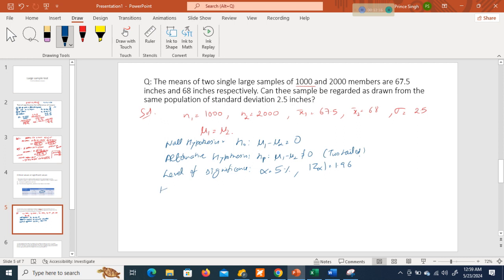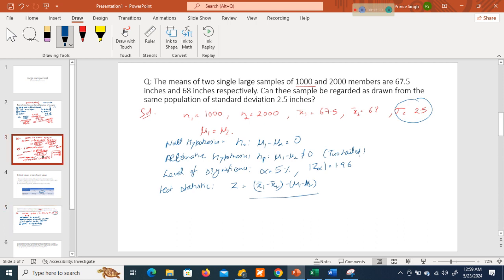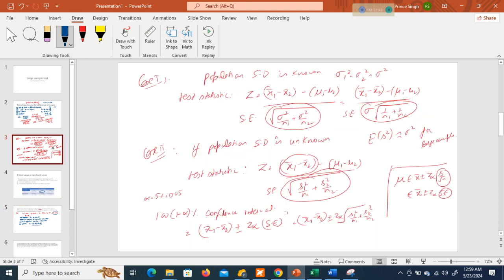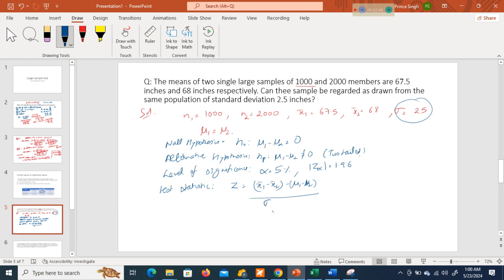The next step is to calculate the test statistic. What is the value of Z? It is x1 bar minus x2 bar minus (mu1 minus mu2) upon the standard error. In this case the population standard deviation is known, so we use the first formula, and our standard error will be sigma times the square root of 1 upon n1 plus 1 upon n2.